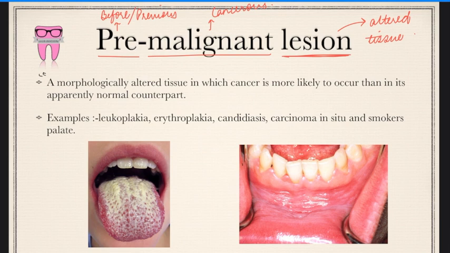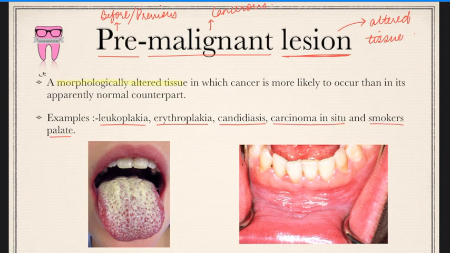Okay, now let's see the definition of pre-malignant lesion. It's a morphologically altered tissue in which cancer is more likely to occur than in its apparently normal counterpart. We have already discussed it. Now, looking into these examples, we have leukoplakia, erythroplakia, candidiasis, carcinoma in situ, and smoker's palate.